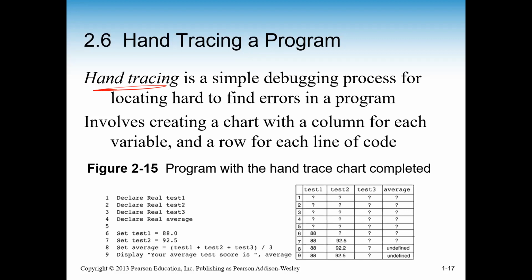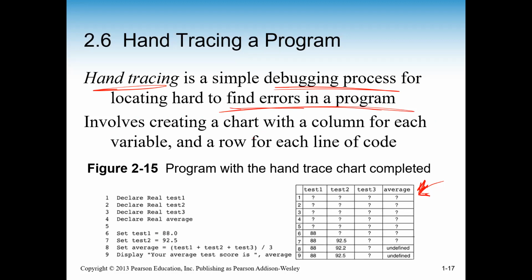Hand tracing is a simple debugging process for locating hard to find errors in the program. It just means that you wrote a program and you're debugging it, so you take out a sheet of paper and a pencil and trace the values. You can be very structured and create a little table, but that's not required. You can be more informal and just start writing on a piece of paper.